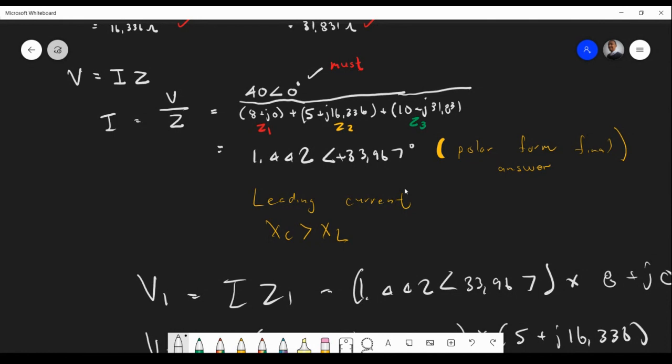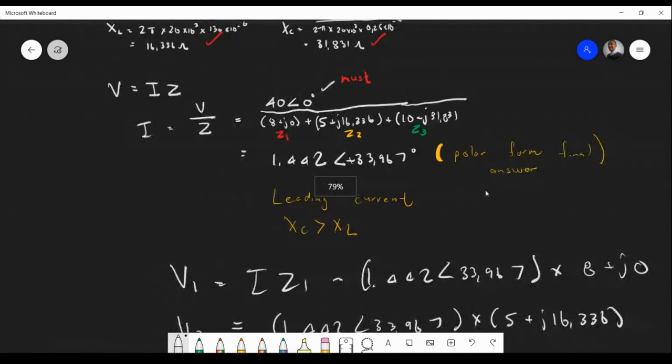That's why it's important to know. Sometimes it is undesirable, and sometimes it is desirable, because with a capacitive circuit maybe we're correcting power factors, for instance, when you have a very poor power factor and you want to correct it. So that's why it's important. But that's basically all. I hope I answered the question there.